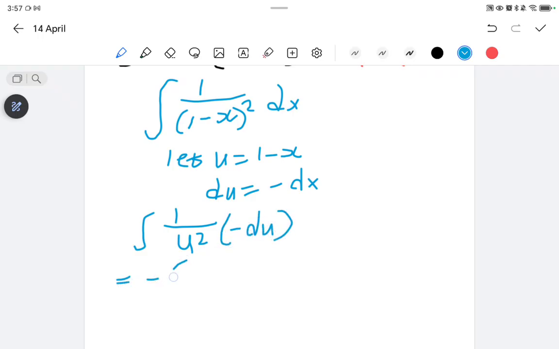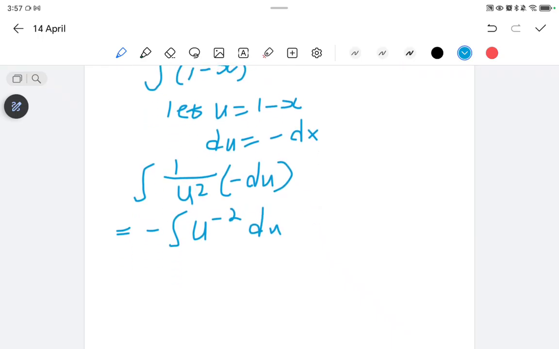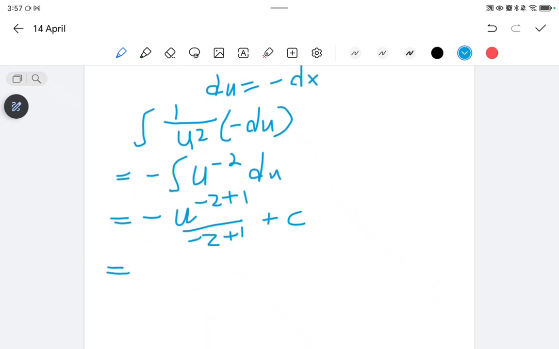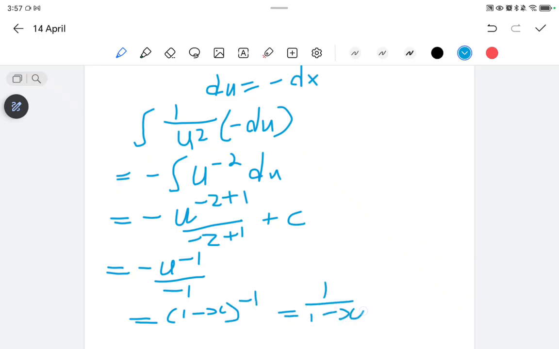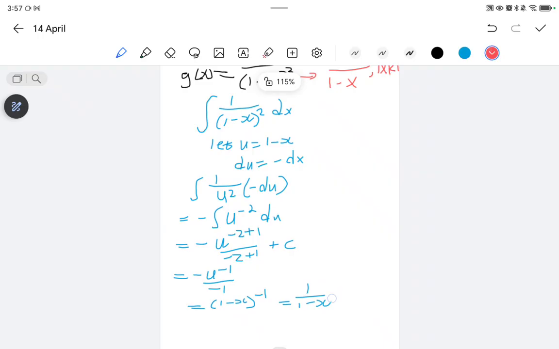This will be equal to minus integral of u to the minus 2 du, and this would be minus u to the minus 2 plus 1 over minus 2 plus 1. Obviously the integral goes with c, right? So if we integrate this, we get minus u to the minus 1 over minus 1. This is 1 minus x to the minus 1, which is equal to 1 over 1 minus x.